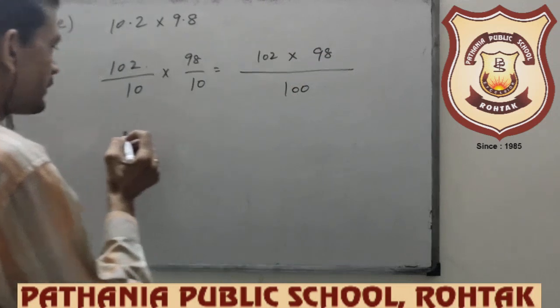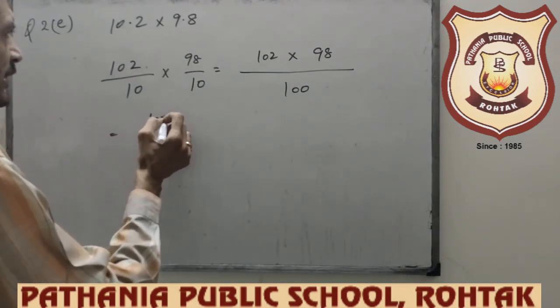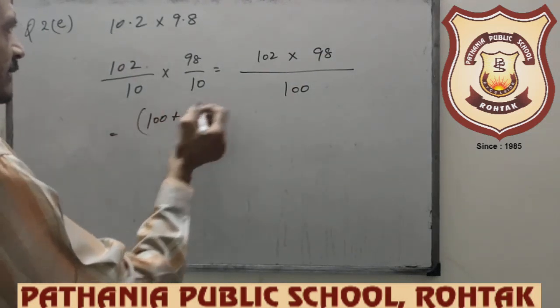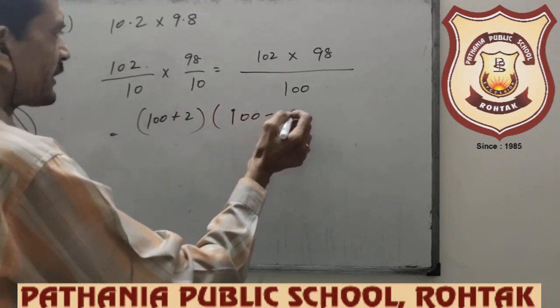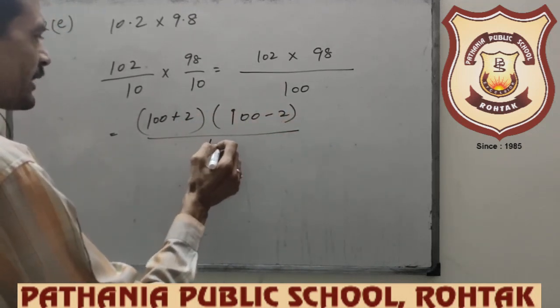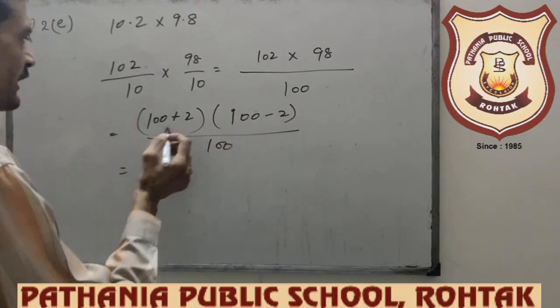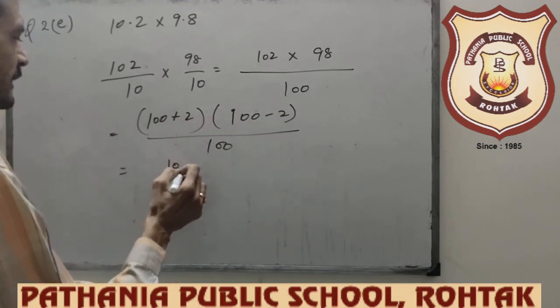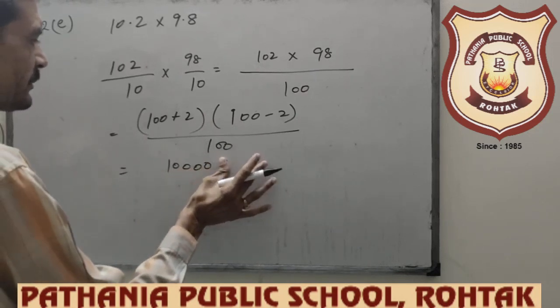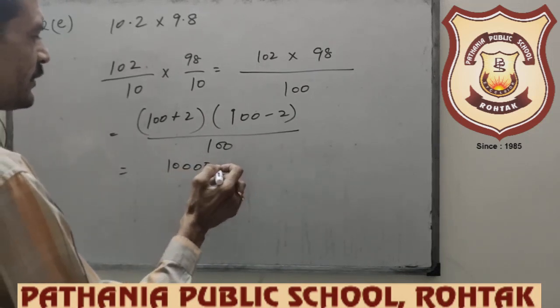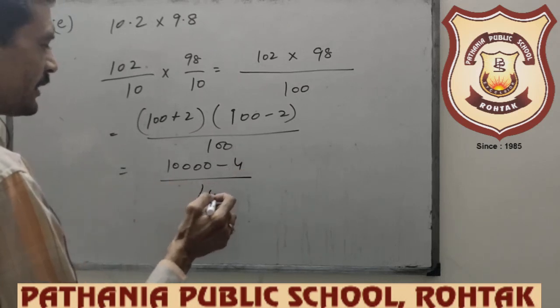Now solve this by using identity. Write 102 as 100 plus 2, and 98 is 100 minus 2, upon 100. And this is what? a plus b into a minus b, a square, 10,000 minus b square, minus 4, upon 100.